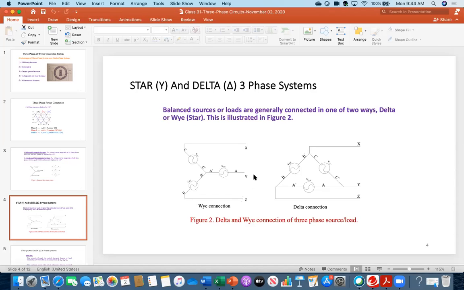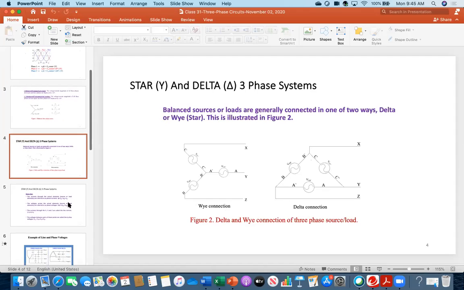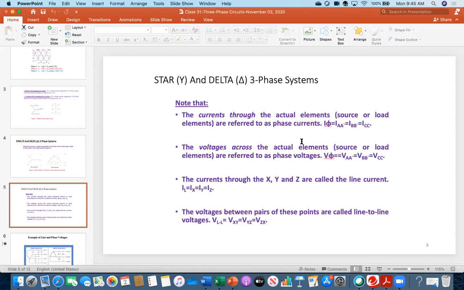Once they are going towards the customers, they are going through the distribution line or transmission line. Same thing in the case of delta: these are individual phases, phase A, phase B, phase C, and then those phases are connected to the outside line. So that's why X, Y, Z are the lines, a three-line system. I think here I have written those things.